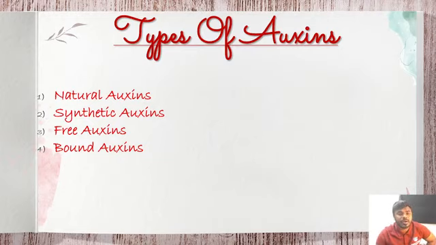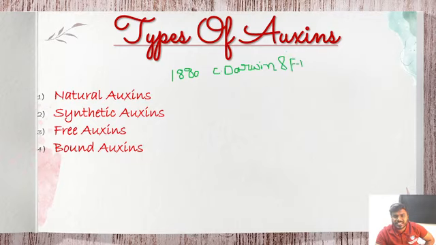It is very important that you know how auxin was discovered. See friends, just listen to me carefully. In the year 1880, the leading scientist Charles Darwin and his son Francis Darwin.